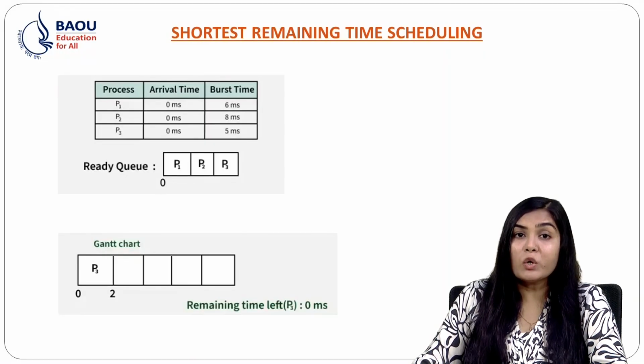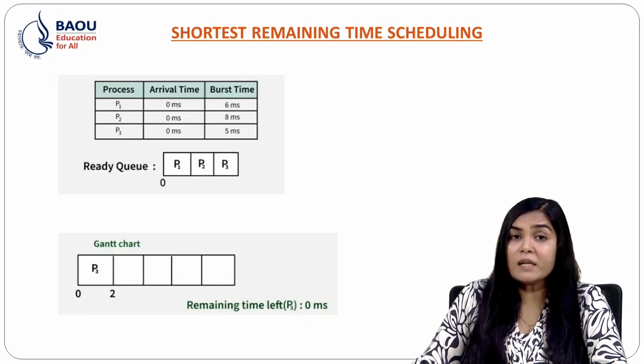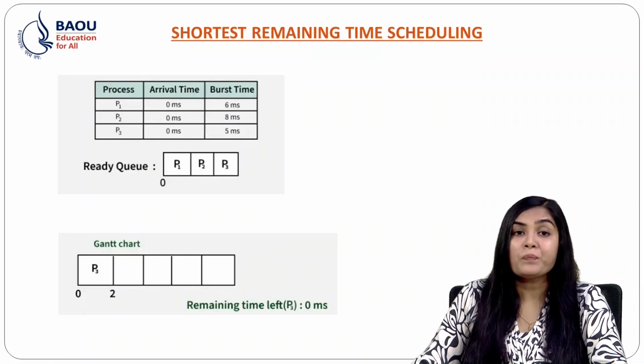Time 0 to 5 will be allocated to process P3. P3 runs for 5 milliseconds. Total time left is 0 milliseconds as it has the shortest remaining time left. Next, time 5 to 11 will be allocated to the P1 process. P1 runs for 6 milliseconds.